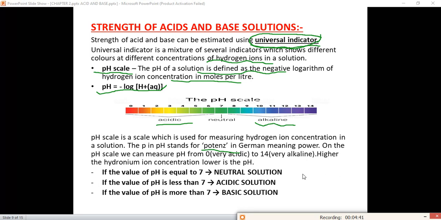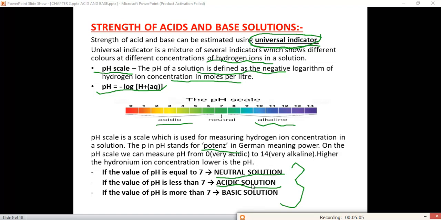Now we'll see three different points. If the value of pH is equal to 7, then our solution is which type of solution? Neutral solution. What are examples of neutral solution? Pure water, blood. If the value of pH is less than 7, then the solution is acidic. What are examples of acidic solution?